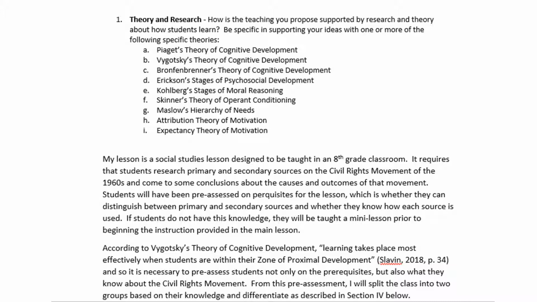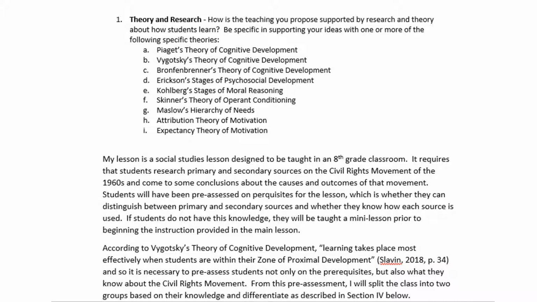So you give a few sentences overview of the lesson that you presented in part 1. Students will have been pre-assessed on prerequisites for the lesson, which is whether they can distinguish between primary and secondary sources and whether they know how each source is used. If students do not have that knowledge, they will be taught a mini lesson prior to beginning the instruction provided in the main lesson. So a little bit about what's leading up to that lesson.